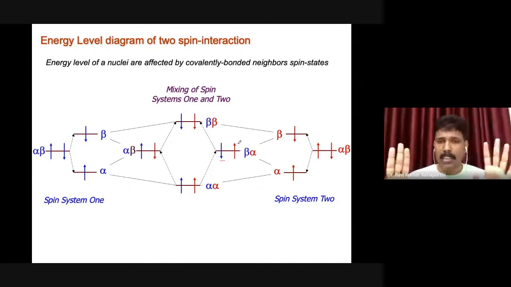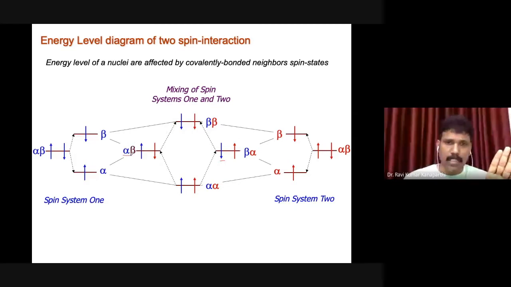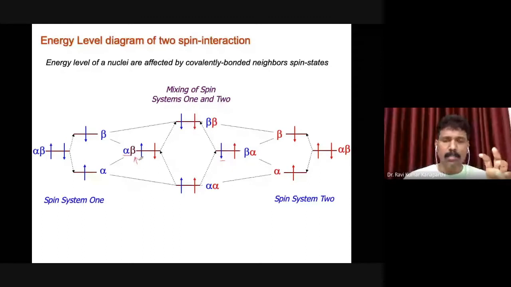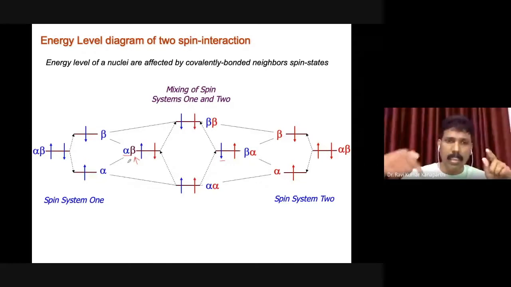Just imagine that you have two protons, and we know that both are half spin. You can think of this as the spin state of the left side proton, and this as the spin of the right side proton. These are two different possible situations where the left hand side spin can be in the upward direction, while the right hand side proton is in the downward direction.